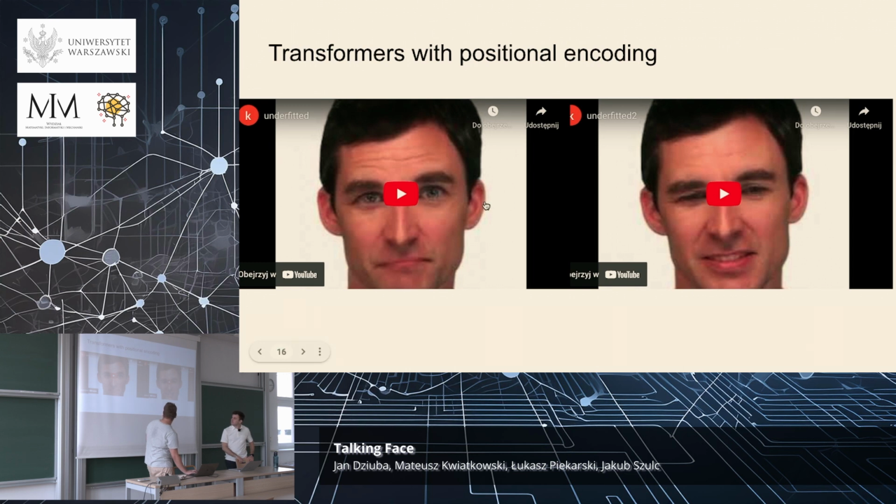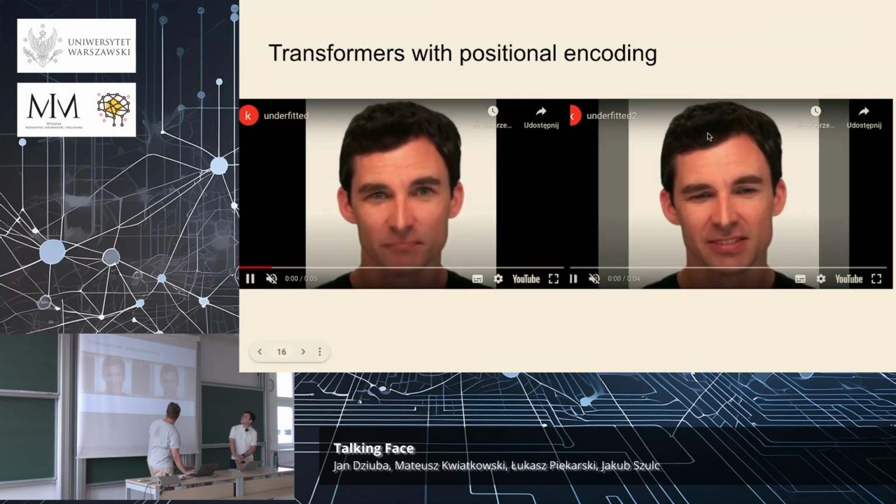Actually, this was a really long shot, but in this approach, we hoped that the positional encoding used in transformers could be used to treat it as translating the sequence of frames into a sequence of emotional frames.